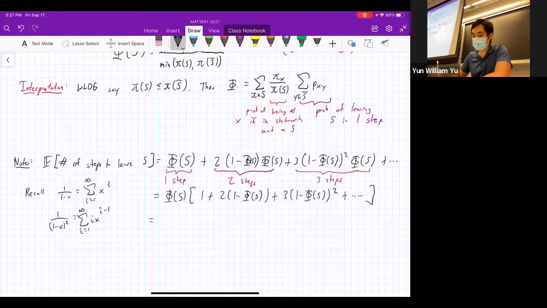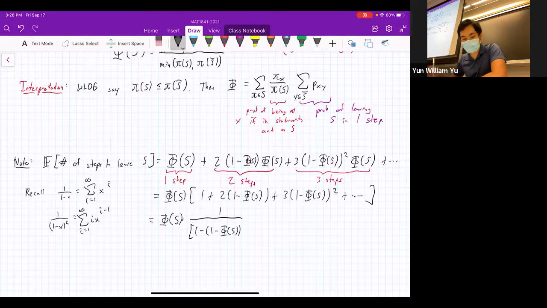So that is just equal to phi of S times 1 over (1 minus (1 minus phi of S)) squared. But of course, that's just 1 over phi of S.